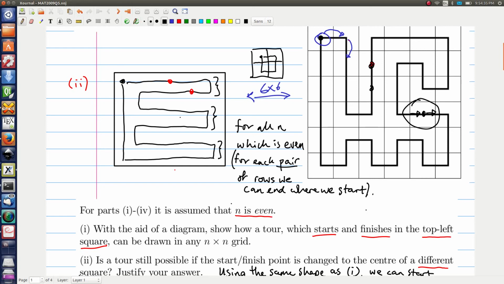This process would not be possible if I added an extra, let's say, 7th row and 7th column. So if I sort of added another row and column here, why would it not be possible? It would not be possible because when we reach this point here, we somehow have to go back up and then include all the points on the squares on the 7th row.